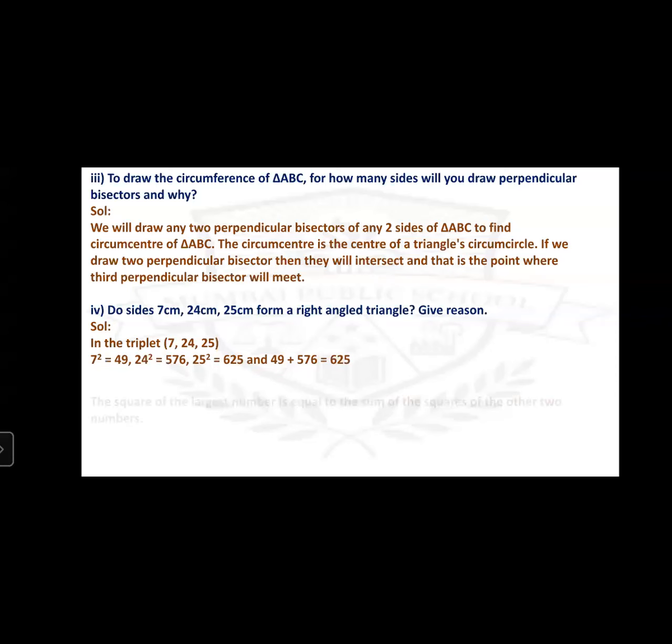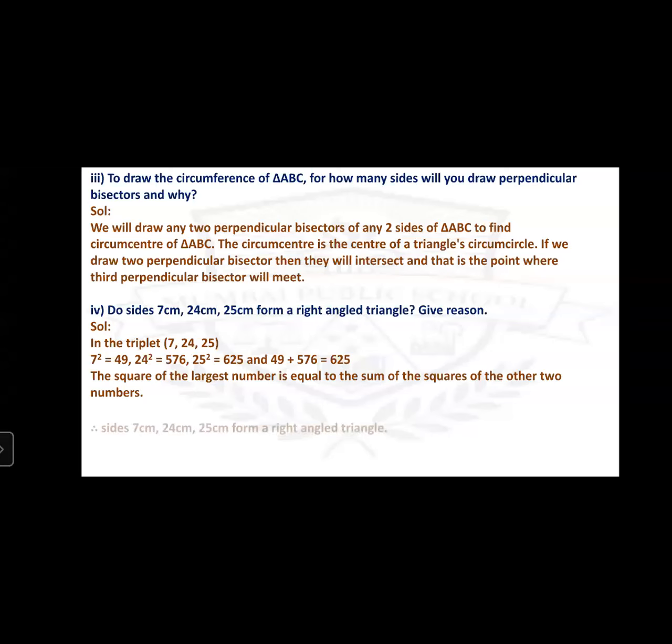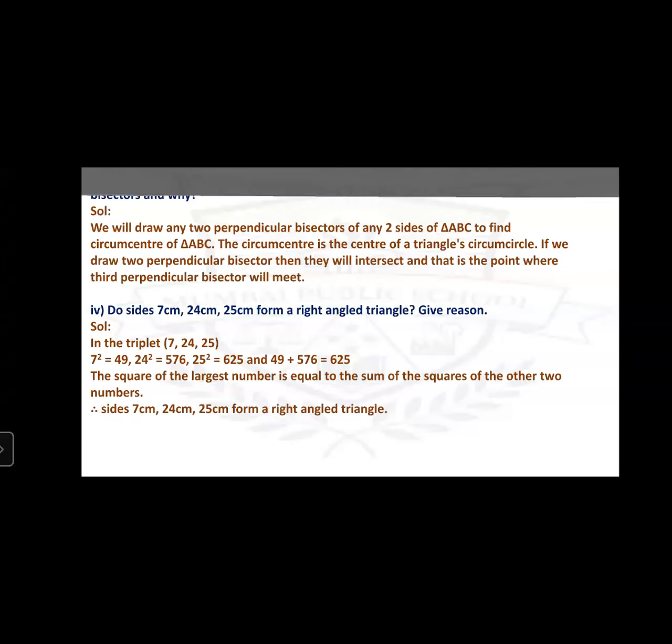So see, here the largest side is 25 and its square is 625, and then we check the sum of the squares of the remaining 2 sides, that is 49 plus 576, so we get 625. So here the condition is satisfied, that is the square of the largest number is equal to the sum of the squares of the other 2 sides. Therefore, sides 7 cm, 24 cm, 25 cm form a right angle triangle.